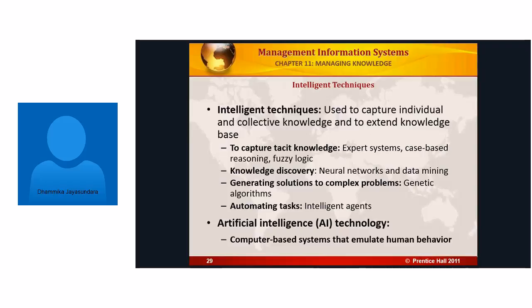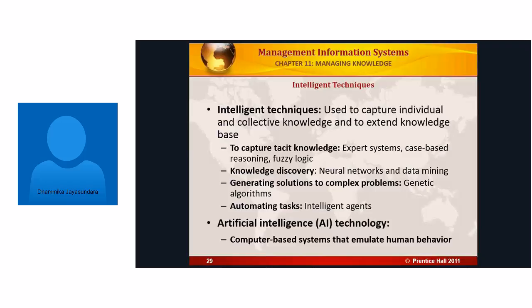So there are so many keywords. So intelligent techniques to capture tacit knowledge: expert systems, case-based reasoning, fuzzy logic. So what is an expert system and what is fuzzy logic? You know the terms. So this is something related to the subject area called artificial intelligence, right?